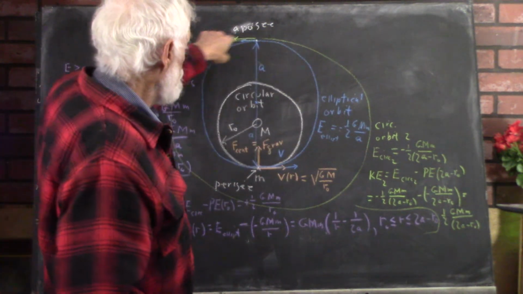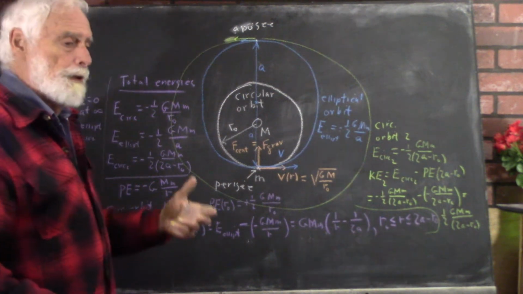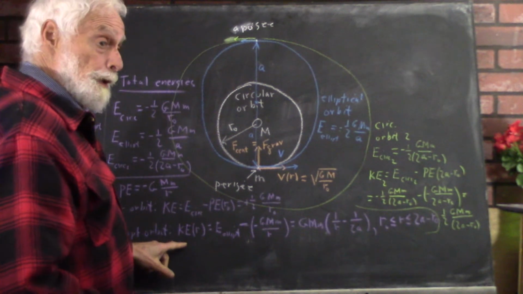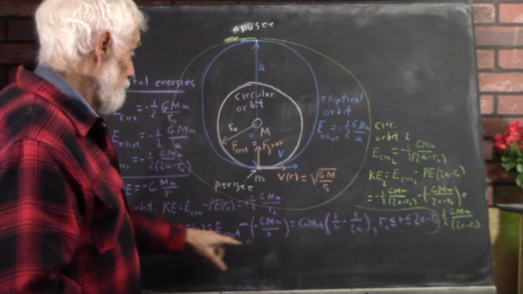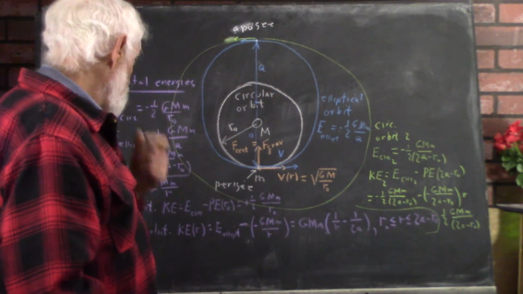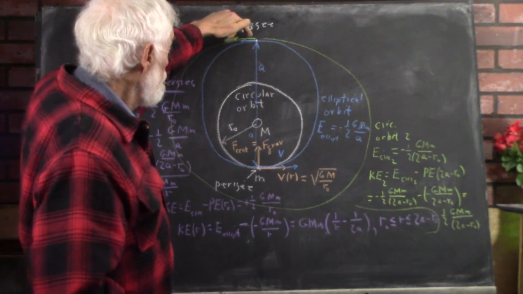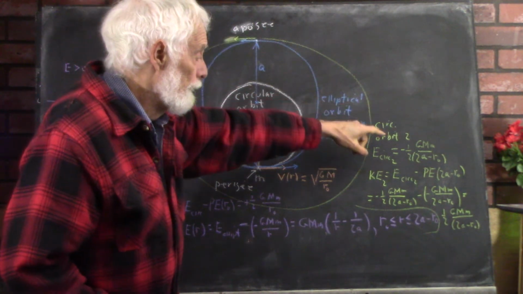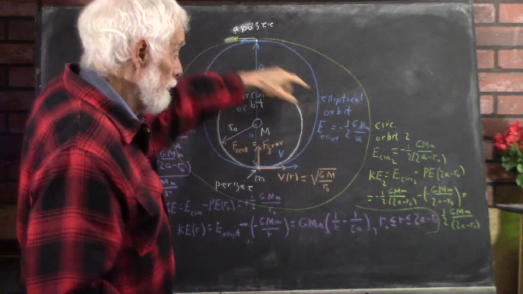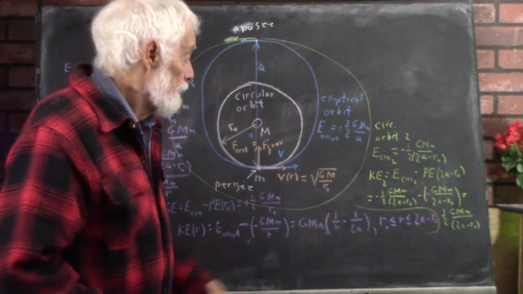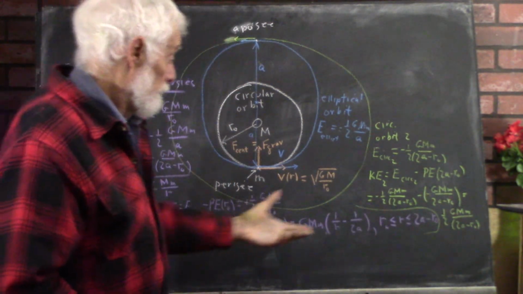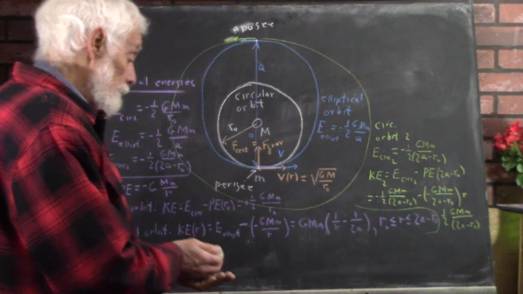And once we have that orbit, we can calculate the velocity at any point from the kinetic energy. Just set this equal to 1/2 mv squared. And then we can figure out the total energy of the circular orbit we would get up here. And if we want the velocity, we set that equal to 1/2 mv squared.